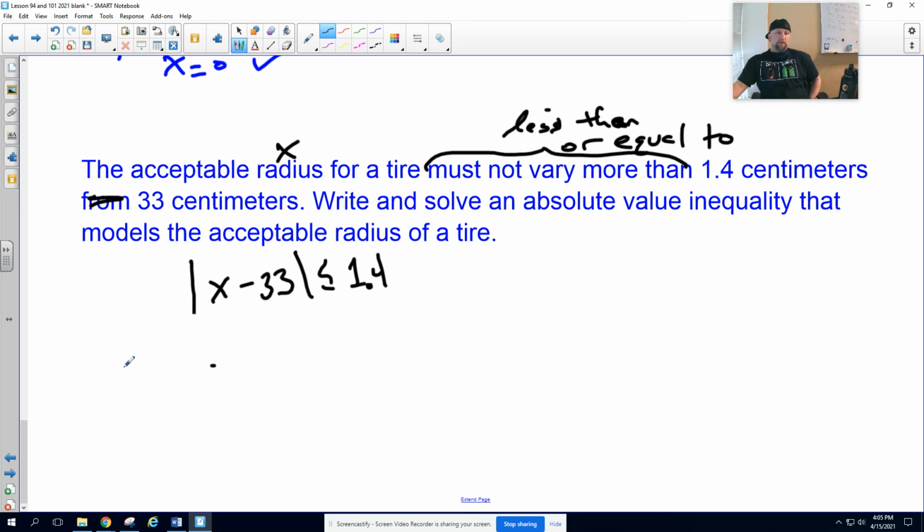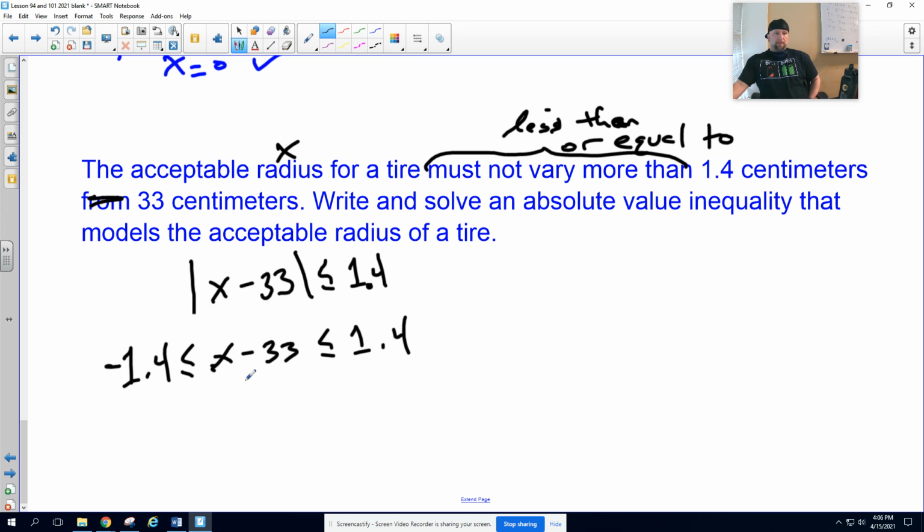So here we know that what that means is that we can have negative 1.4 less than or equal to x minus 33, less than or equal to 1.4. So when we take x and we subtract the 33 centimeters, we can end up with negative 1.4 centimeters or 1.4 centimeters.